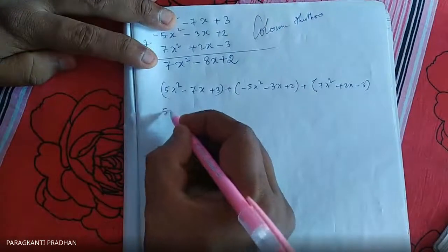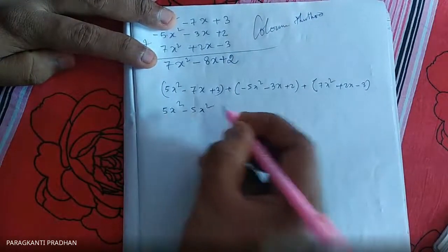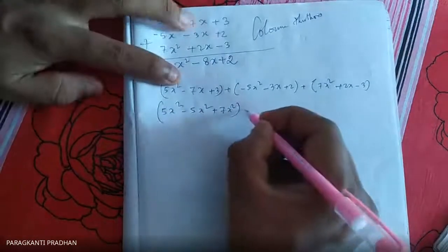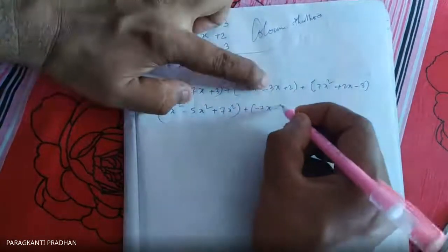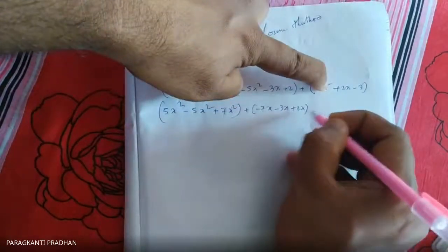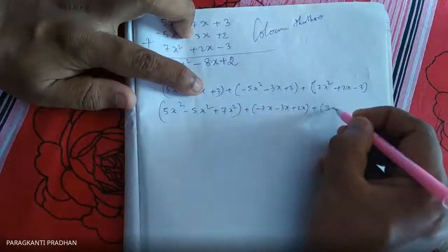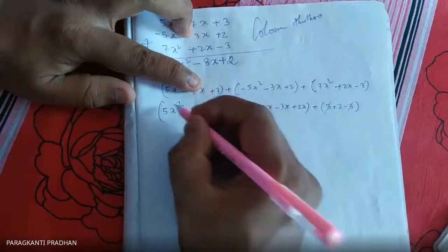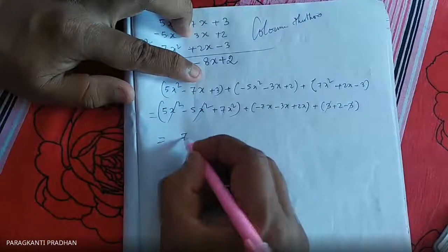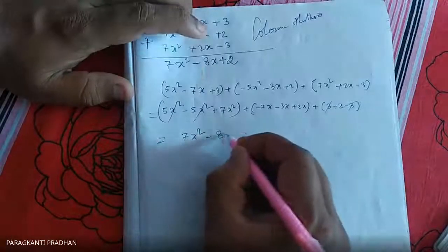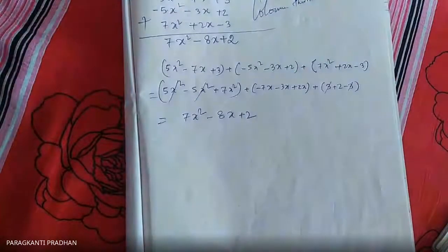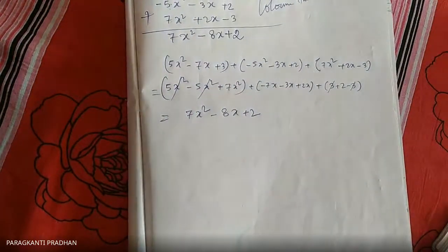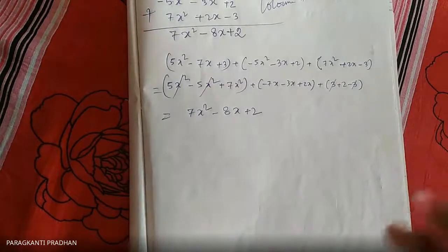Now we have to add all the like terms in the same bracket: 5x square minus 5x square plus 7x square, then minus 7x minus 3x plus 2x, then 3 plus 2 minus 3. Plus 3 minus 3 cancelled. So this will be 7x square, minus 8x, and 2. Both are the same. Sometimes this is easy, sometimes that is easy. You can solve by any method.